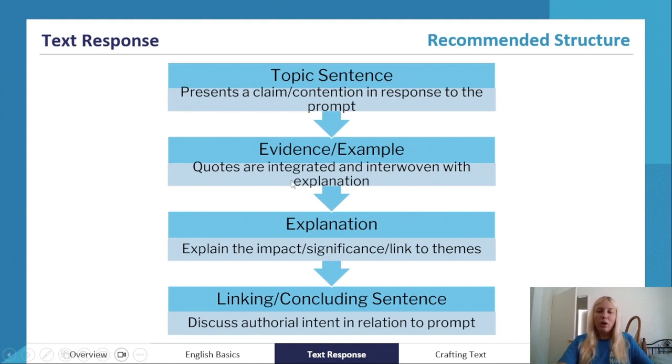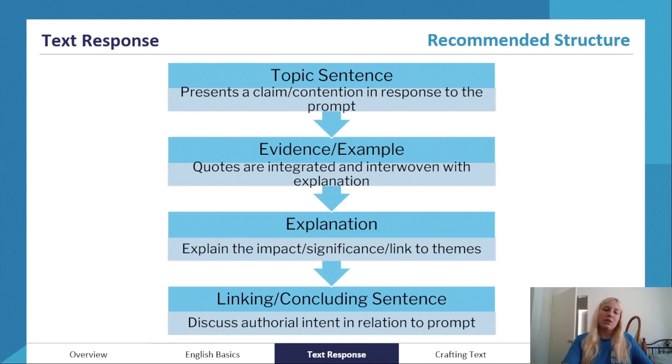So integrating quotes into sentences, not putting them at the head of the sentence or as a separate sentence, or giving 10-word quotes, but short, succinct quotes integrated to flow smoothly within your sentences, and they have to be explained: what the quote actually means, how it creates an effect, before you then analyze.